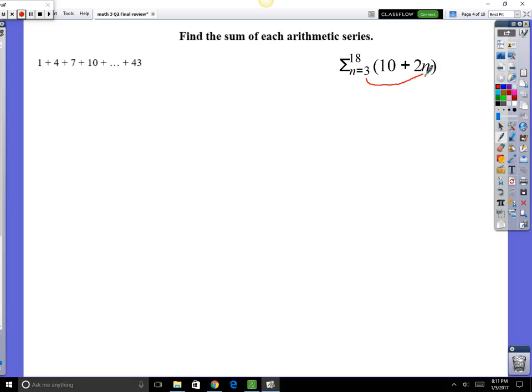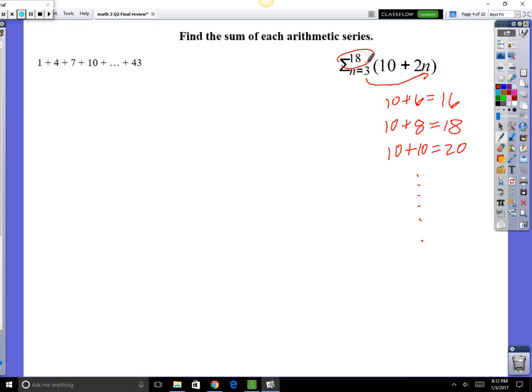If you plug in 3, it's going to be 10 plus 6. So that is 16. Then you're going to plug in 4. So it's going to be 10 plus 8, and that is 18. Then you're going to plug in 5. So it's 10 plus 10, and that's 20.